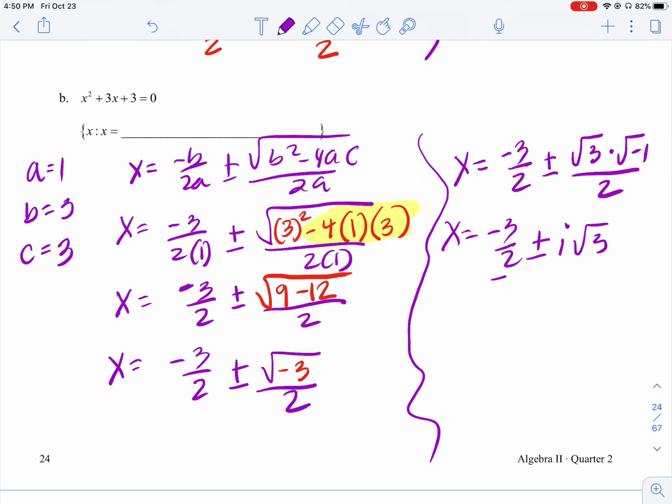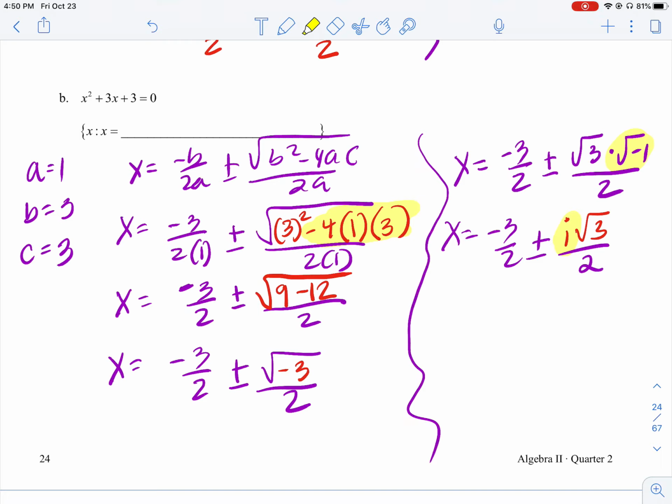And remember, I always put the i right before the radical. Where did I get the i? That is coming from the square root of negative 1.